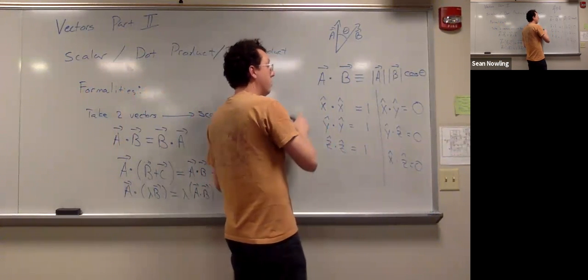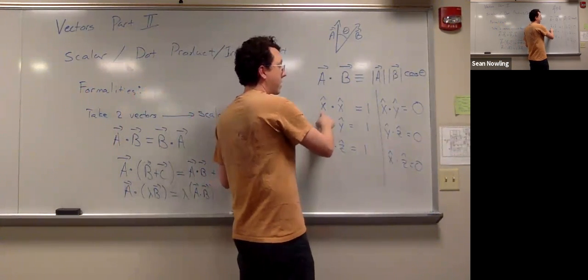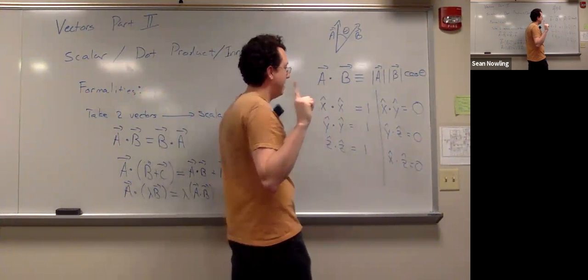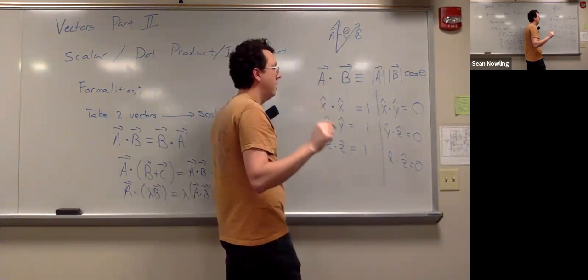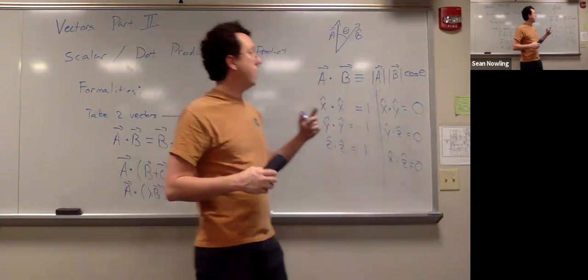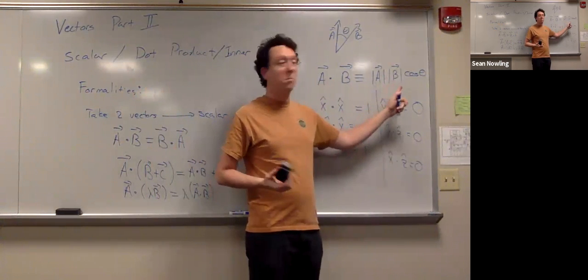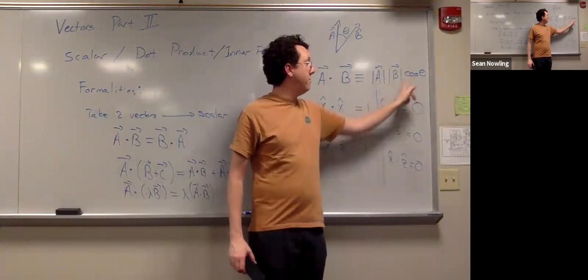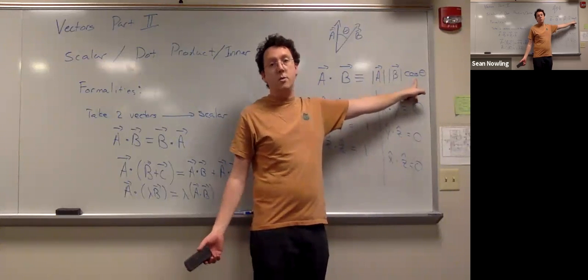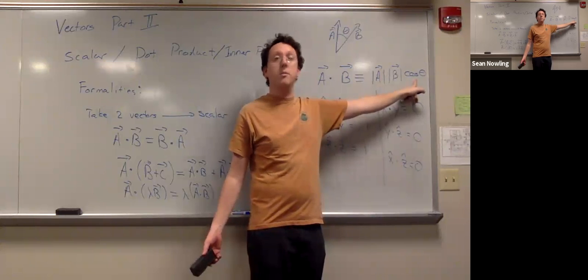Okay? So we learn that a unit vector dotted with itself has a dot product of 1, and in an orthogonal basis, they don't even have to be normalized really. If the basis vectors are perpendicular, you're going to get cosine of 90, and you get 0.